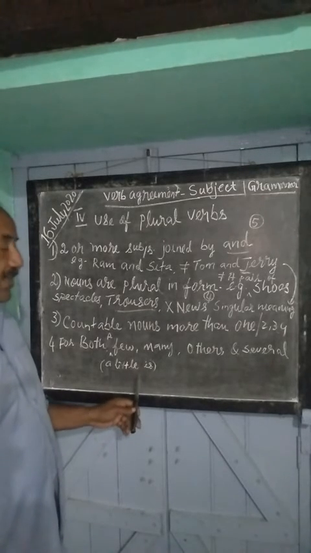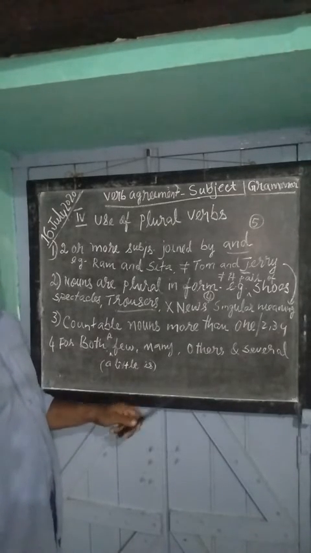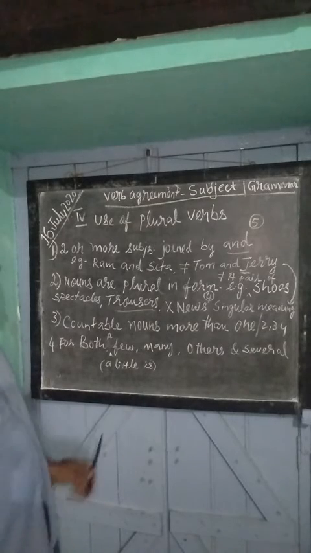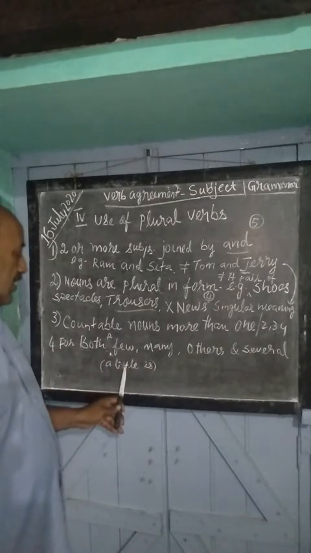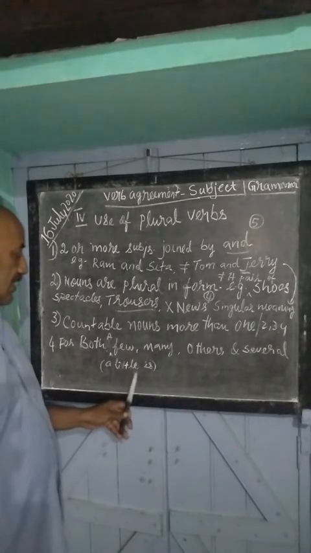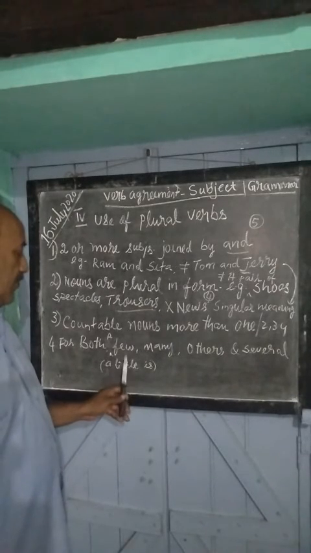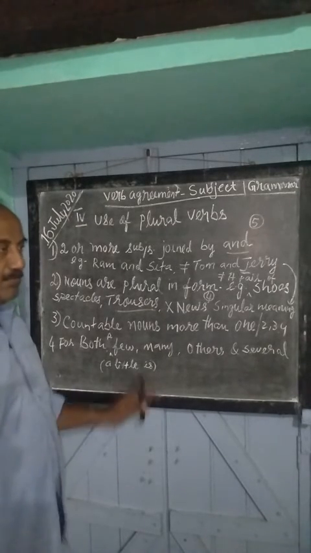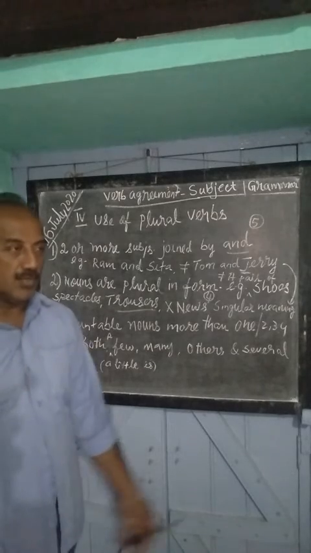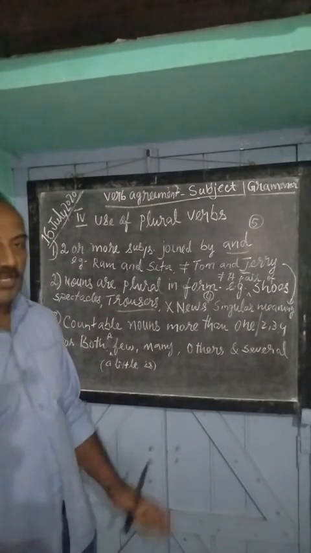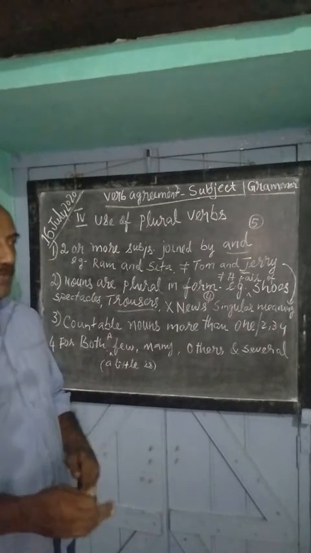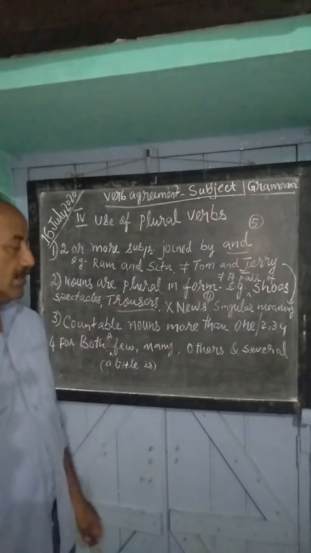Not "a little water are there". It's uncountable. So, slight differences: a little is singular, a few plural. Just to remember and differentiate, don't get confused, because when you learn, you should learn in detail, you should never come across any confusion.